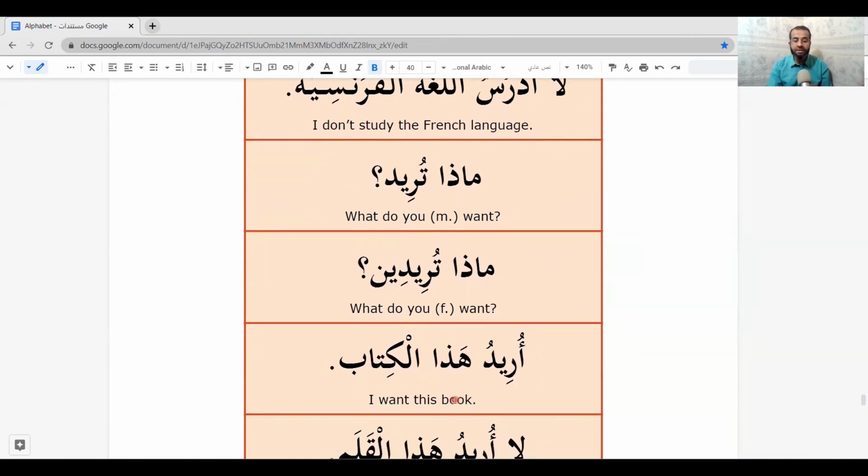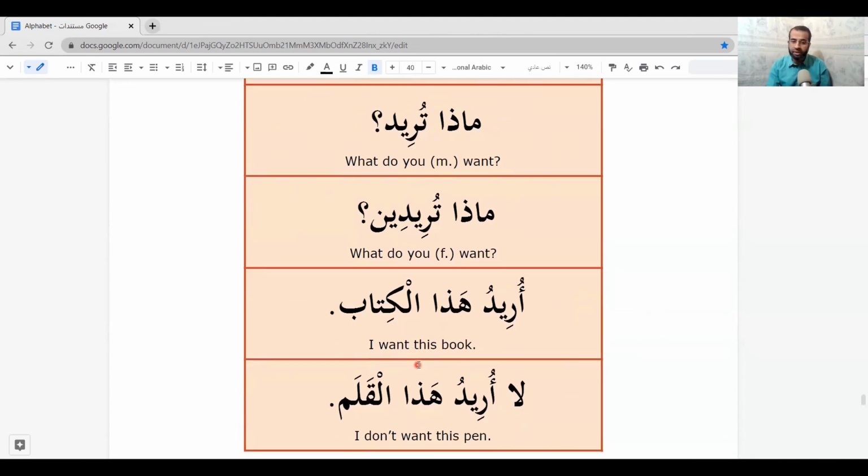I want this book. Book is كتاب, and الكتاب means the book. هذا, this for masculine. So we say أريد هذا الكتاب. We join the words. And you can say I don't want this pen.